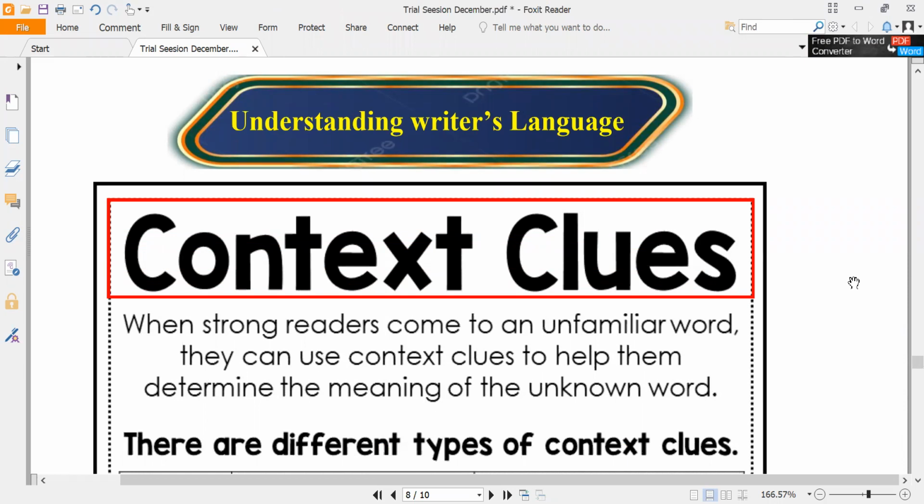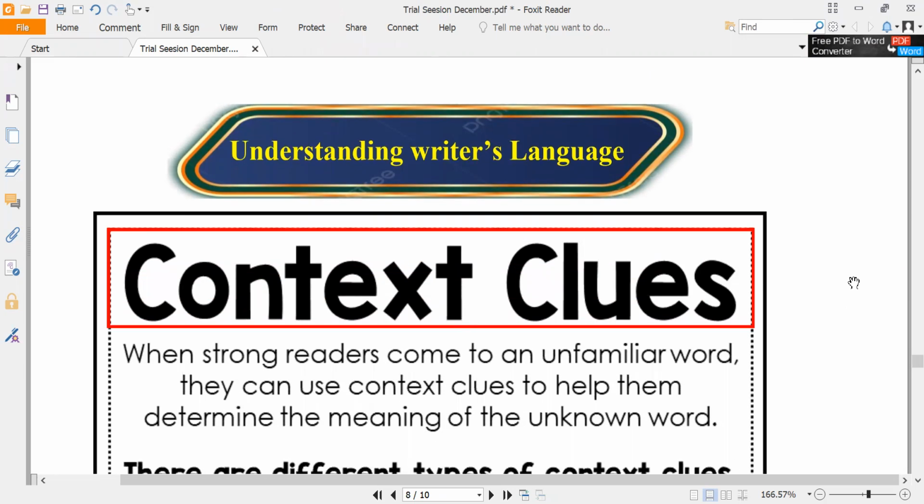You know what we mean by context clues? Clue means like evidence, like a proof, as you said earlier. And context means text.